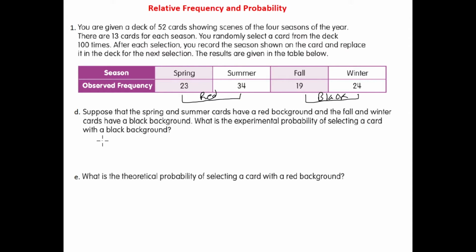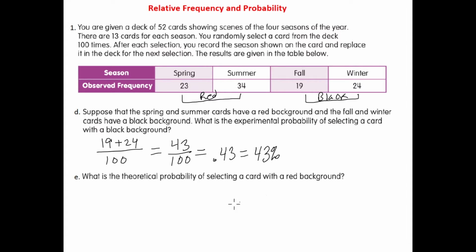So if we combine 19 and 24, and that would be over the 100 total times we ran the experiment, 19 plus 24 gives us 43 out of 100. So the experimental probability of selecting a card with a black background is 43 hundredths, or 43 out of 100. We could write that as 43 hundredths as a decimal, or we could say it's a 43% chance of selecting a card with a black background.